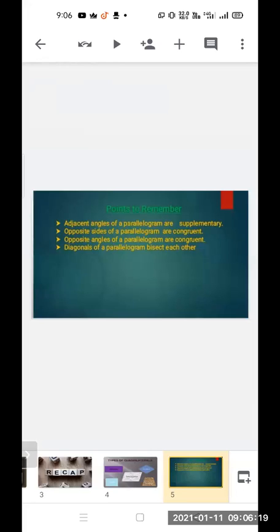These are the things we have learned in this chapter. We have to think and apply what we have learned to solve the problems. So these were the four different properties we have learned of a parallelogram.